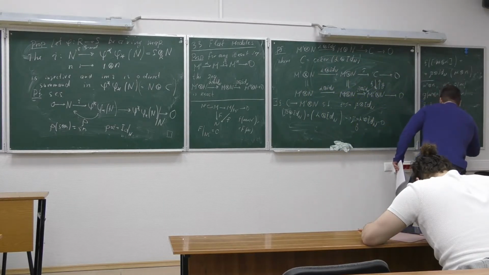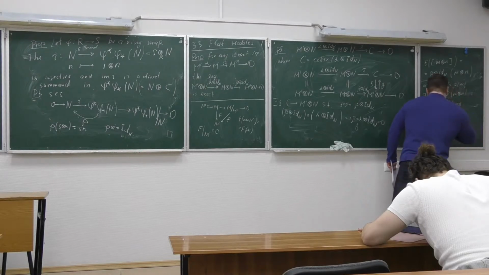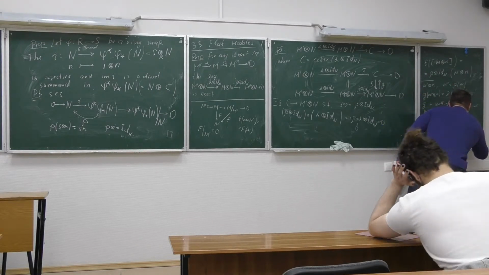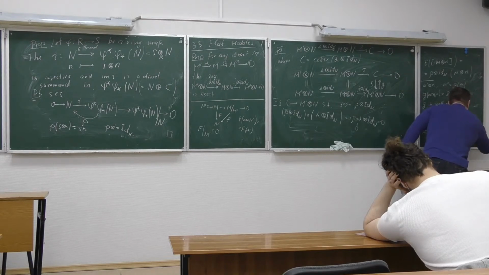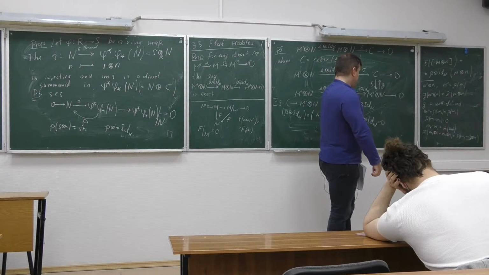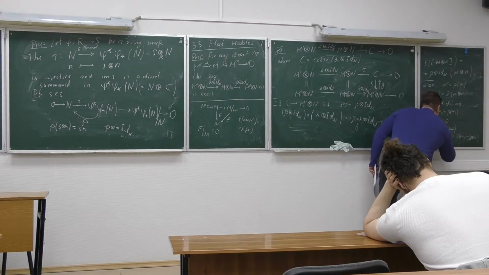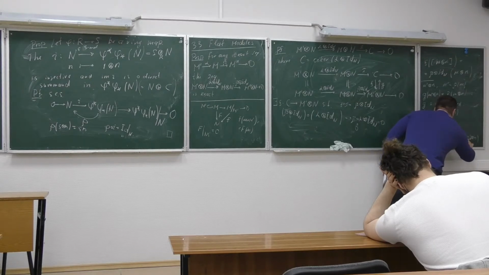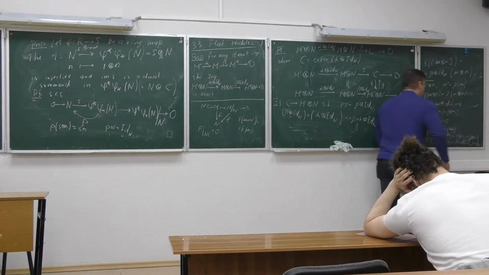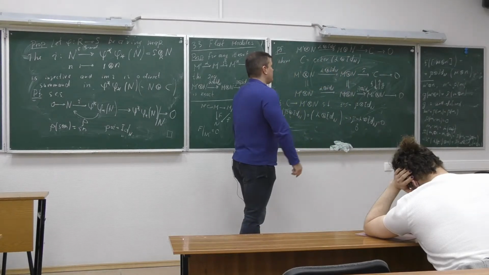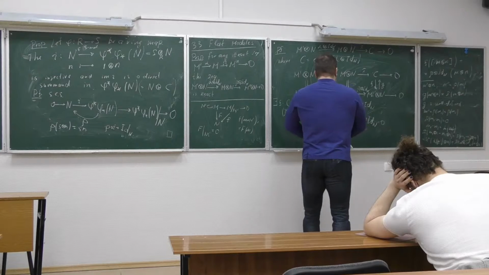But this is pi applied to M1 minus M2 tensor N, which is pi applied to alpha of M prime tensor N. I can say that this is pi applied to the tensor product of alpha times the identity, so this is the composition of pi with alpha tensor the identity on N, applied to the element M prime tensor N, which is 0 by the definition of the map pi. So we have a well-defined map.